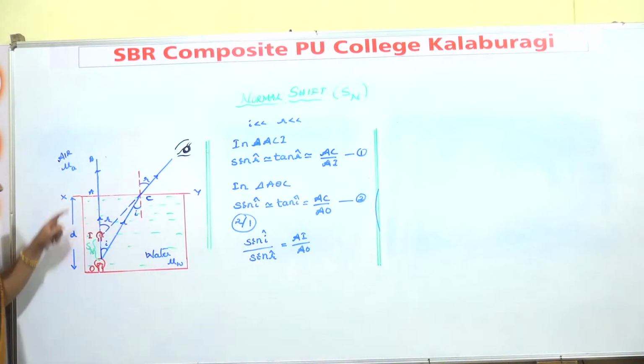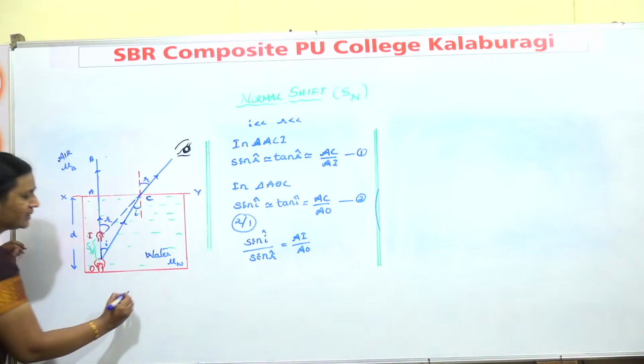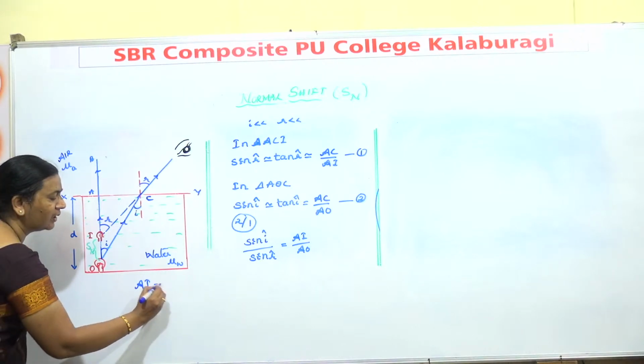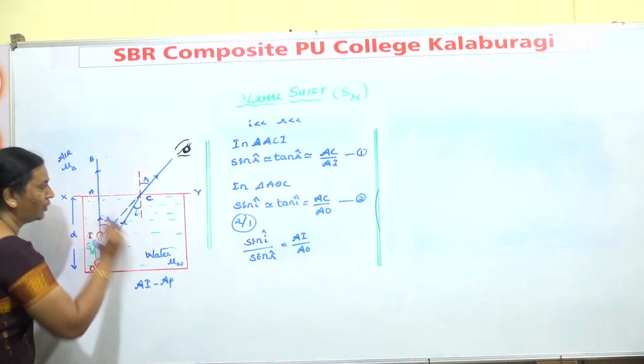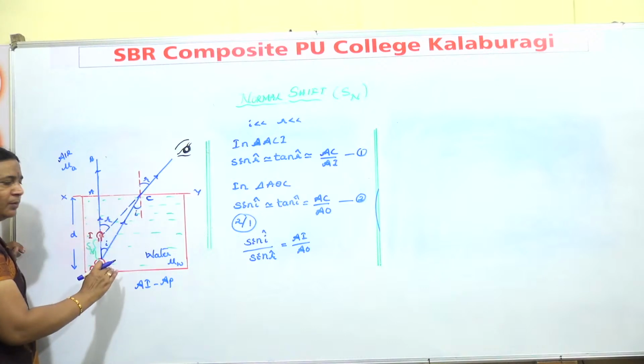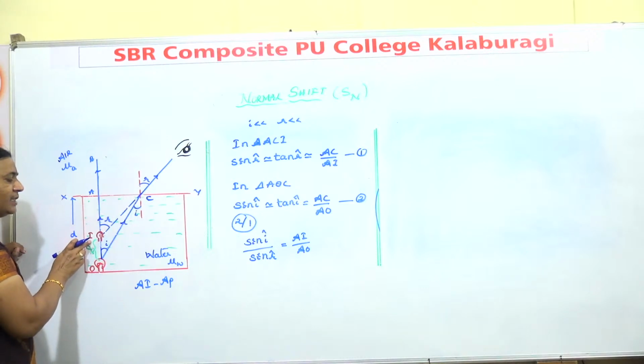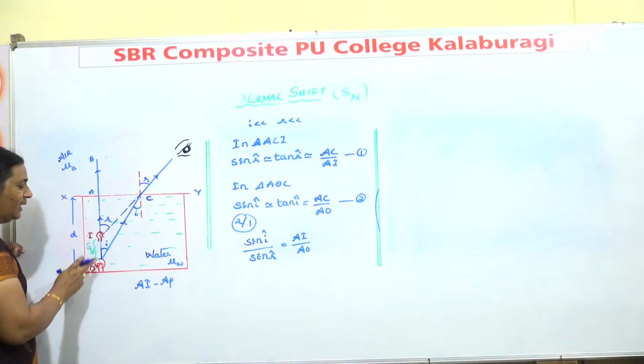What is AI, children? Is it the real depth of the object? No, observe these terms carefully. AI we call the apparent depth. From the surface we measure the depth of the object as per appearance. The bulb appears to be here, but really the bulb is here.